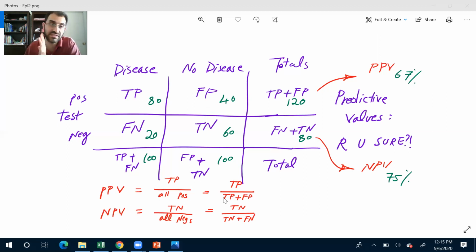Negative predictive value starts with a negative test. TP over all the positives is positive predictive value. TN, the true parts, over all the negative results is negative predictive value.